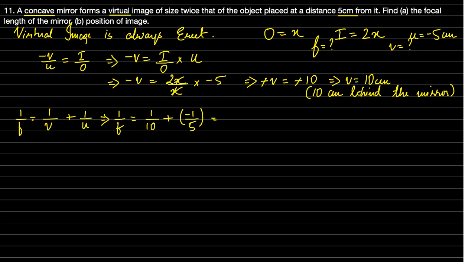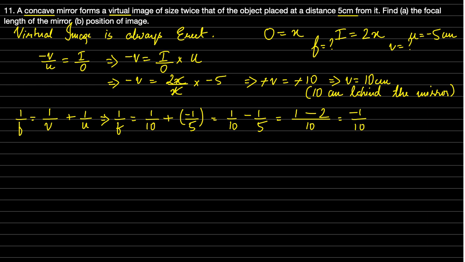So we can actually take this 1 by 10 minus of 1 by 5. Taking the LCM here, the LCM happens to be 10 itself. LCM is 10, so here I get minus 1 minus 2 because 5 into 2 is 10. So we get it as minus 1 divided by 10. So we got it as minus 1 divided by 10, but this is equal to 1 by f.